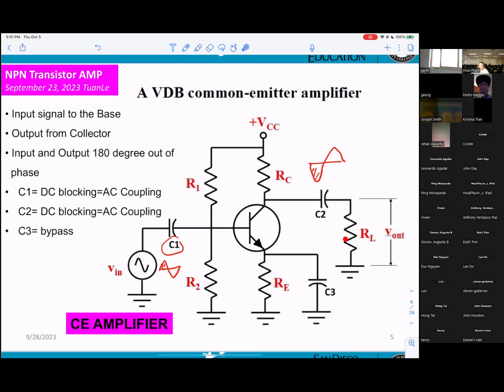And the last one, C3. C3 is called a bypass capacitor. Now, bypass what? What will they be bypassing? RE. You understand? You get a sine wave coming in.